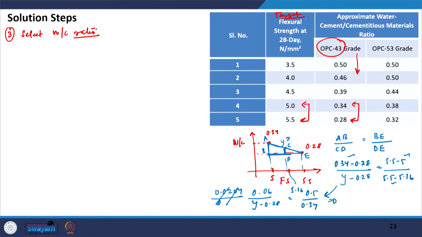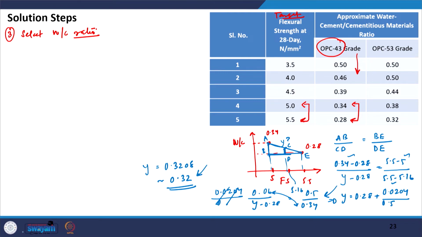If I further solve this, y becomes equal to 0.28 plus 0.0204, which is multiplication of this and this, divided by 0.5. Okay. So, y here becomes equal to 0.3208, or let us say 0.32. So, the water cement ratio which we have to select is equal to 0.32.